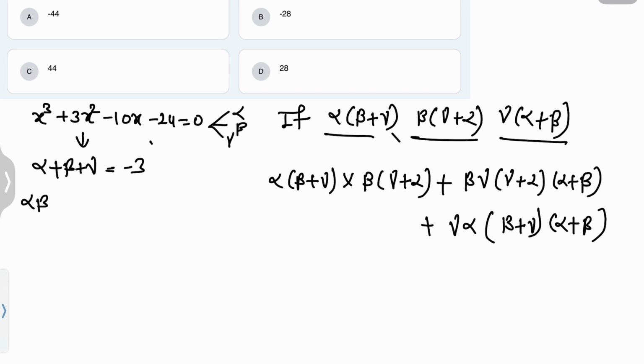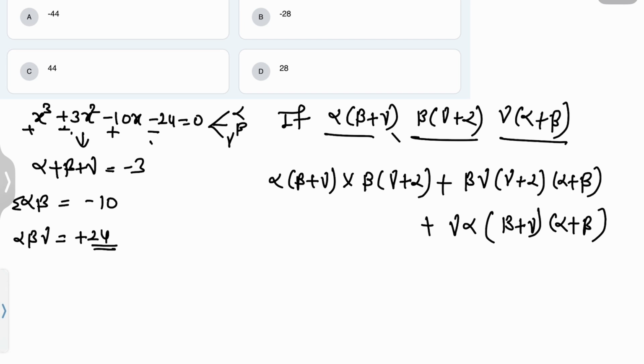The summation of alpha beta, beta gamma, gamma alpha is minus 10, because of the alternating signs. And the product of roots alpha beta gamma is plus 24. That's why you use that condition.